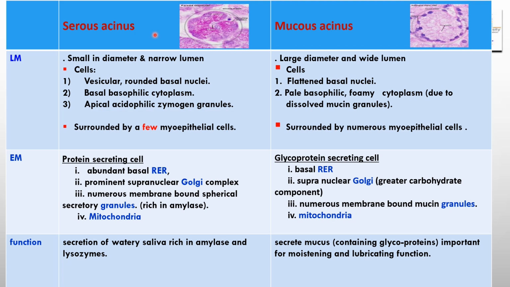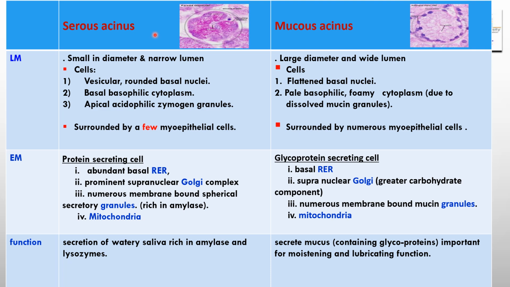The serous acini are surrounded by few myoepithelial cells, while mucus acini are surrounded by numerous myoepithelial cells. This is due to the nature of the secretion. The mucus is thick and viscid, so it needs numerous myoepithelial cells having contractile function to help squeeze the secretory unit and help discharge of the secretion out into the duct system.